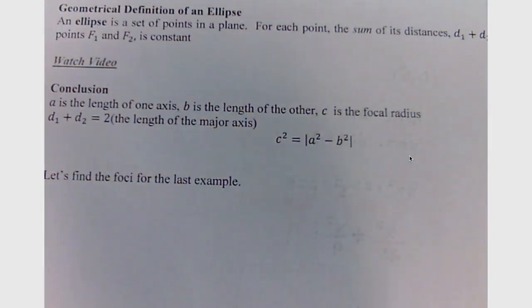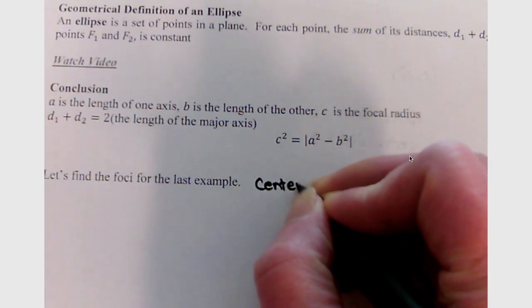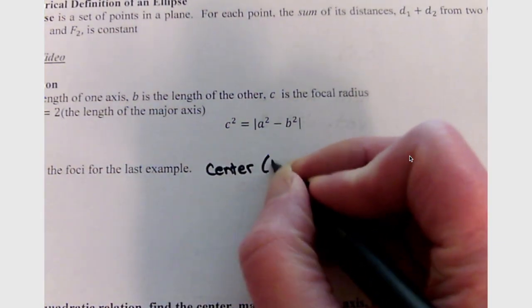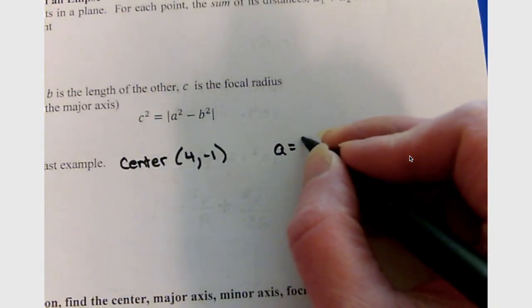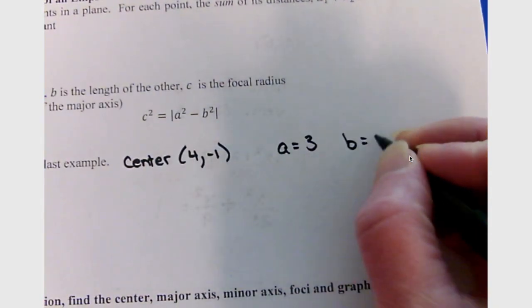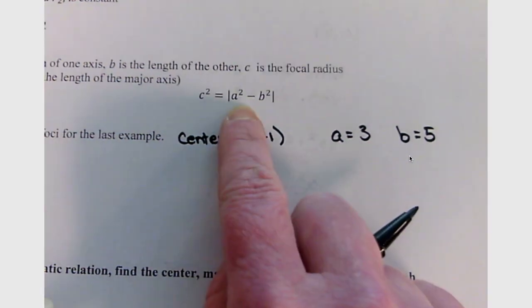So on our last example, we had a center of 4, negative 1. A was 3, and B was 5. So these foci, these focal points, we can find them by using this formula.